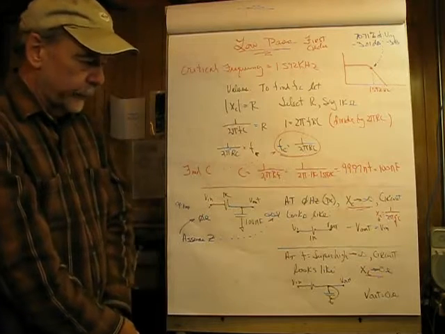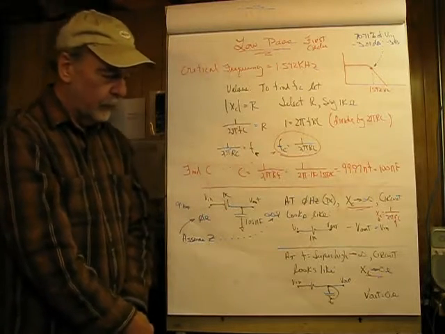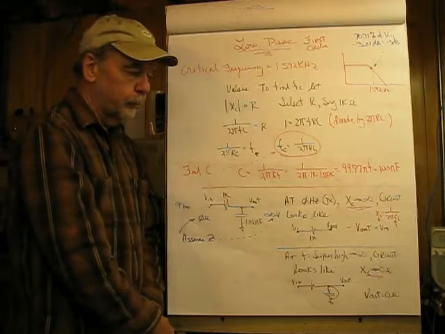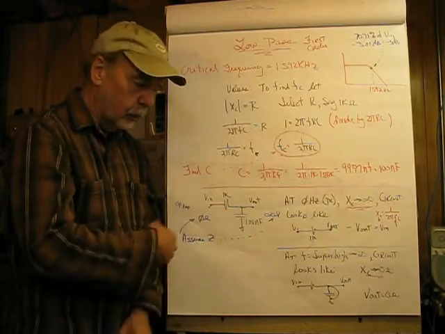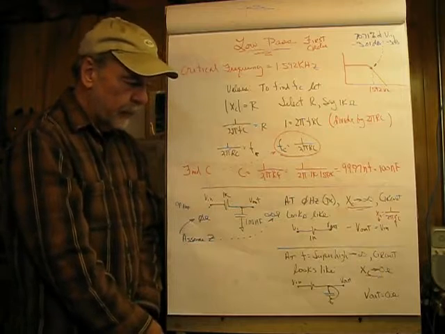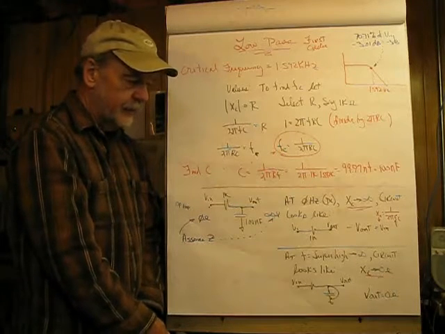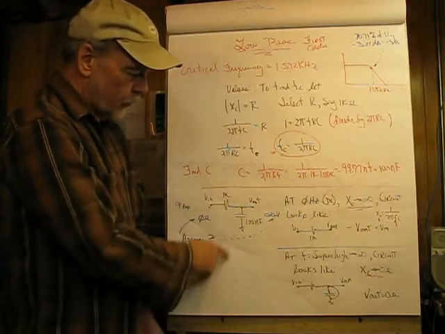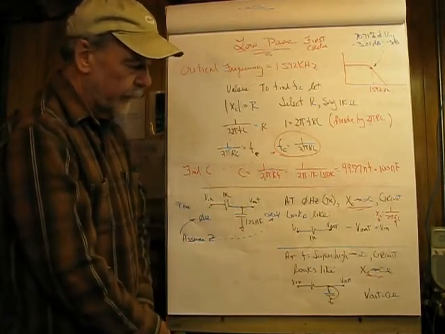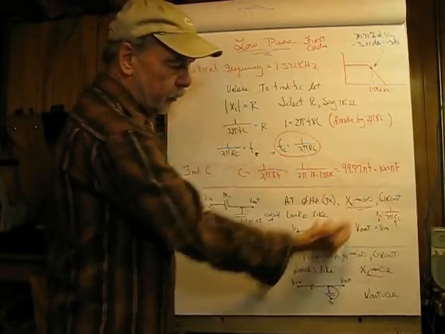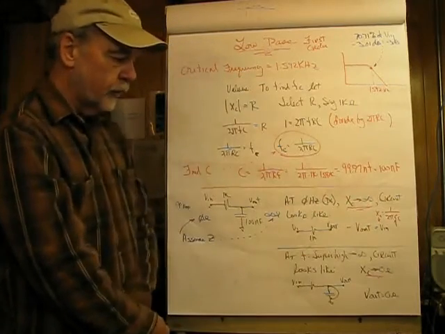So let's take a look at the way this behaves, and this is kind of important, and I'm not going to use any limits here, but this is where it lives for proof. In a low-pass filter at DC, the capacitor looks like an open circuit. To make sense of that, here we see the capacitive reactance going to infinity.